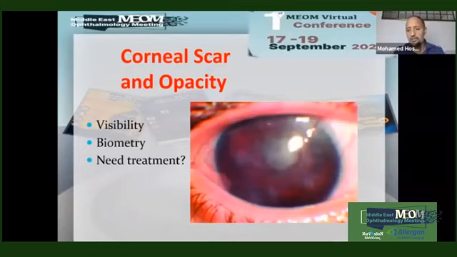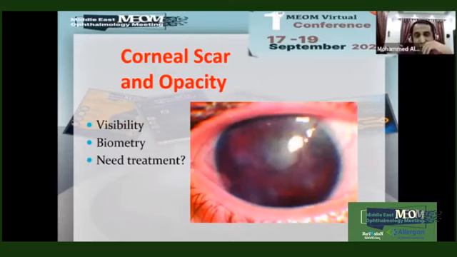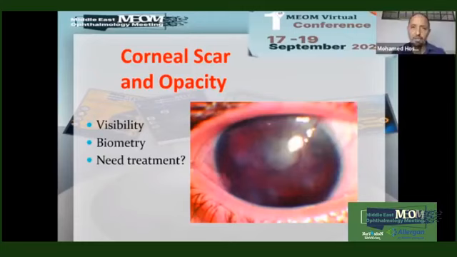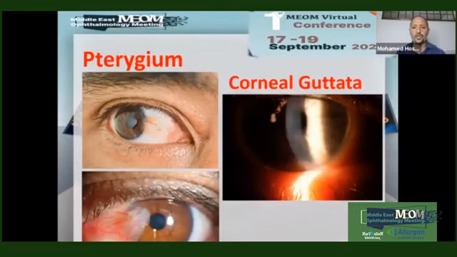Exactly like Dr. Gday said, use NSAIDs instead of dexamethasone. In these patients, we should push non-steroidals much more than we use post-operative steroids in our normal phaco patients. When you end up with an opacity like this one, if you're doing a cataract surgery, this is usually an easy decision to make.